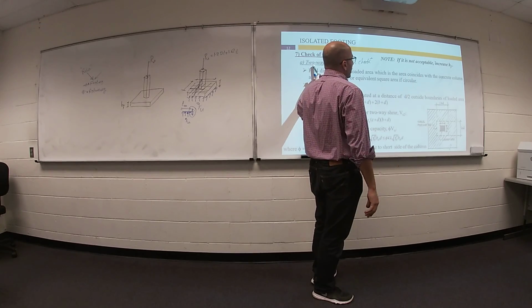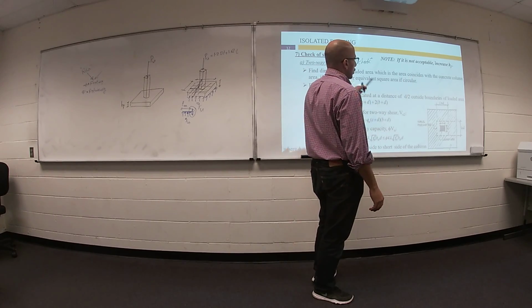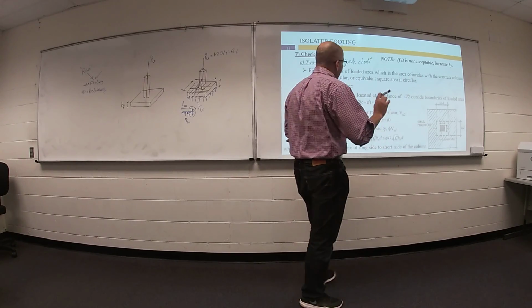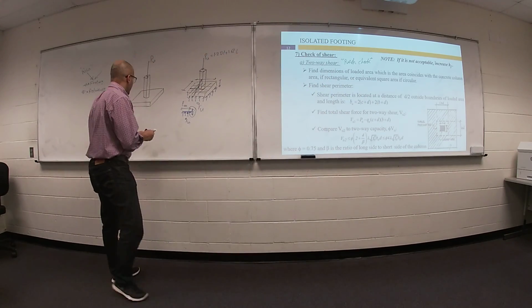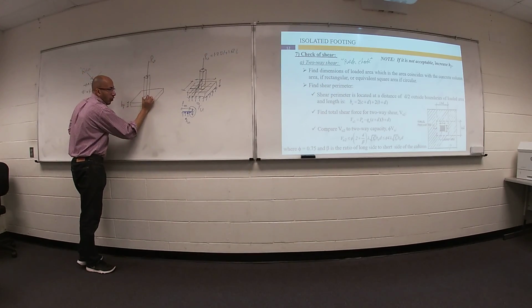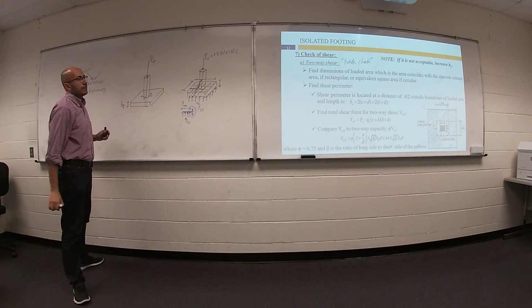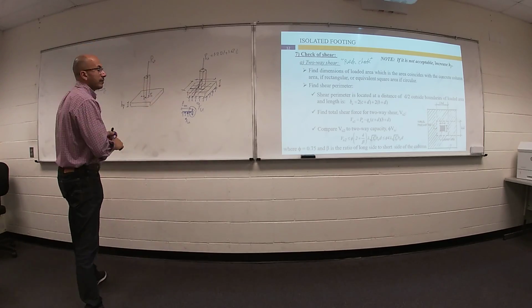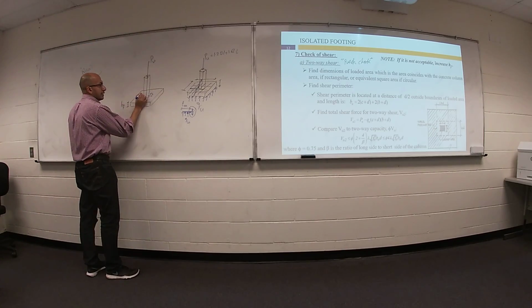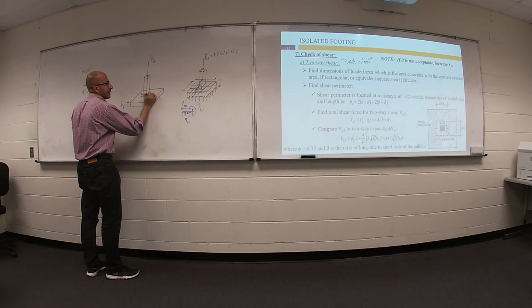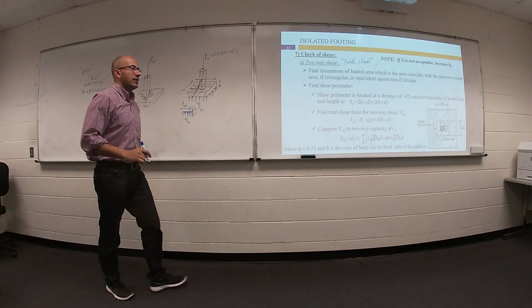We can call it two-way shear or check of punch. It's very easy. Just around your column, by distance d divide 2, d divide 2, and from the other side, d divide 2.